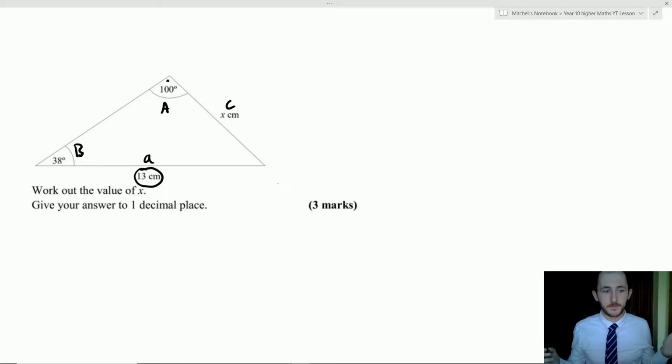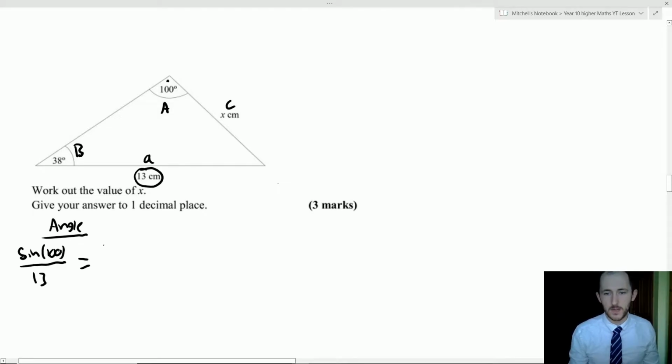That's it. So now what we can do, and again, if you want, you can use the side version, or you can use the angle version. So if I do the angle version first, again, keep in mind it doesn't matter which way you do it. We have sine of 100 divided by 13 equals sine of 38 over x, and they're asking me to work out what x is.